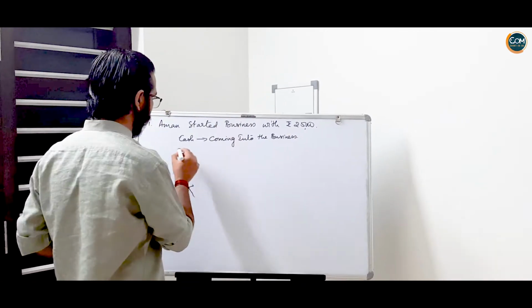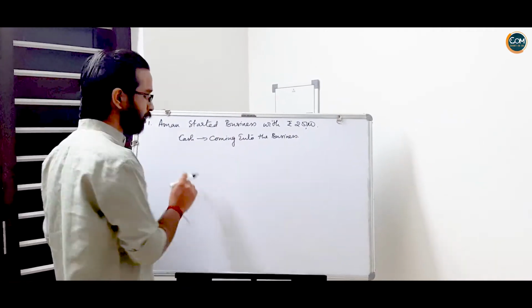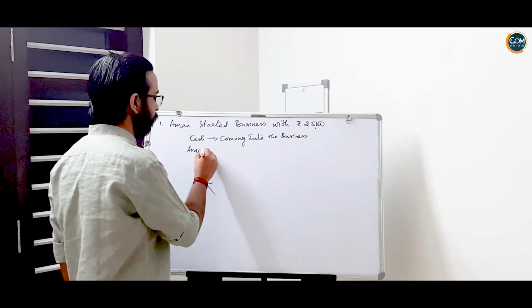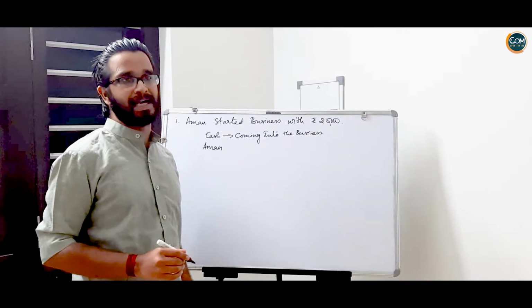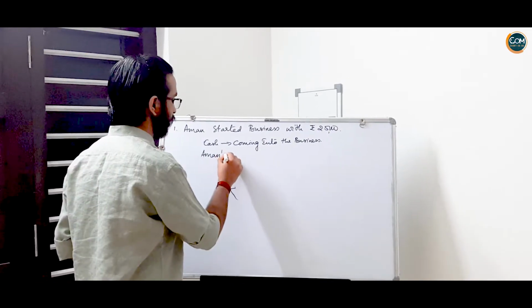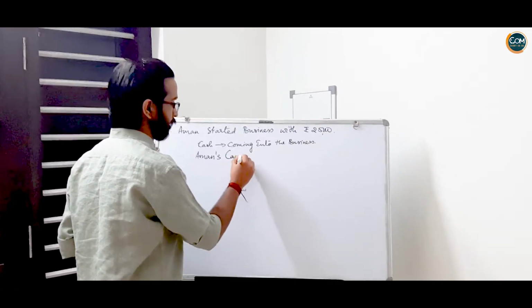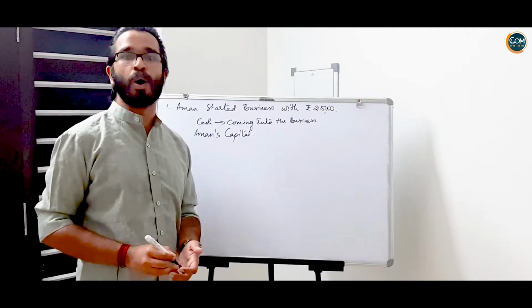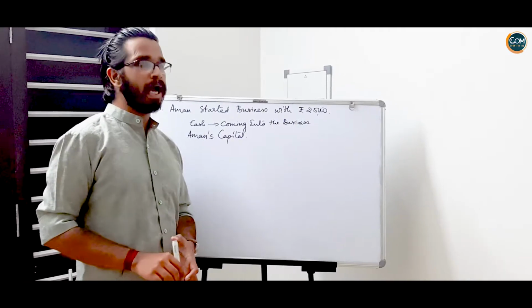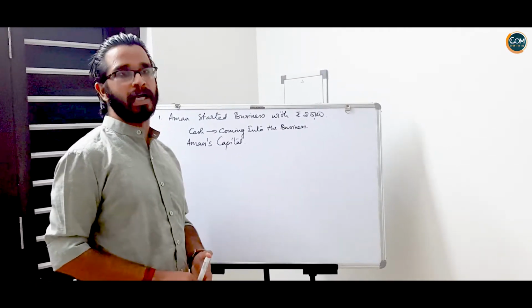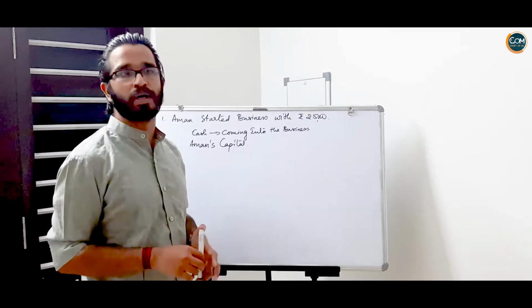So the second person or second item that comes into the transaction is Aman. But we do not show this as Aman alone, we show it as Aman's capital, since this is the money contributed by the owner of the company. As I said, it is a liability. We can split the liabilities into two broad areas.